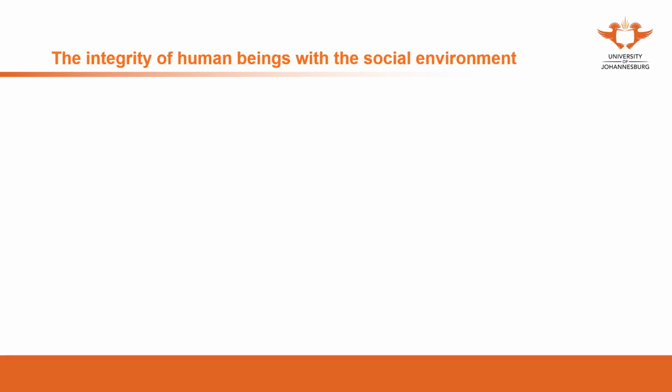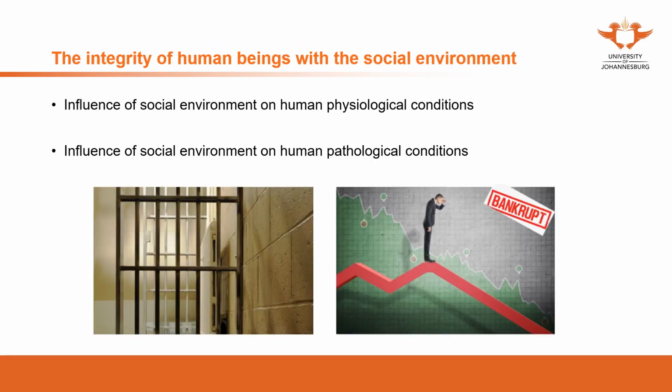The last part is the integration of human being with the social environment. We cannot be separated from the social environment because we live in a society. Human beings live in a society.